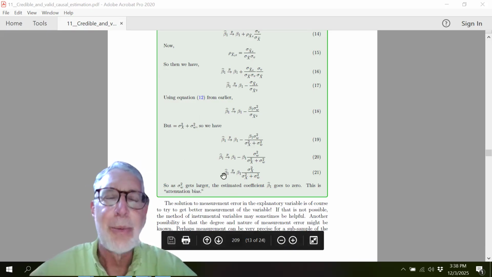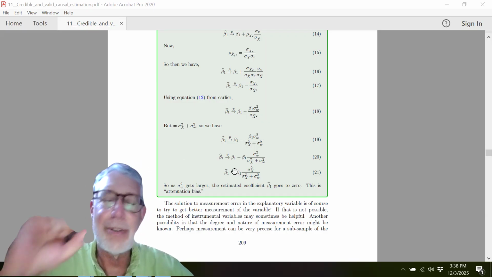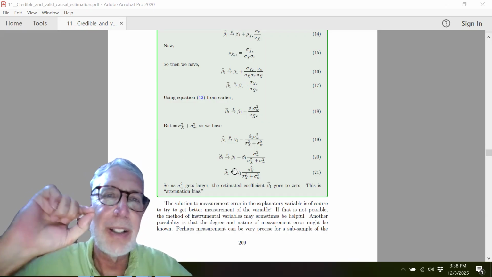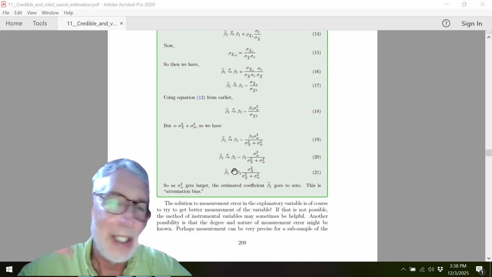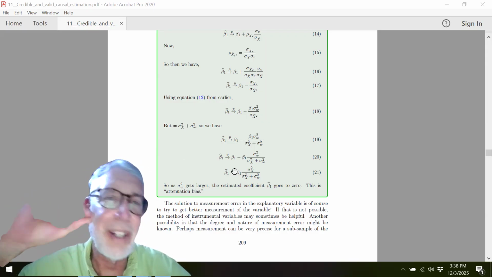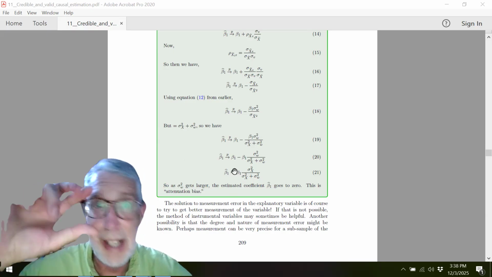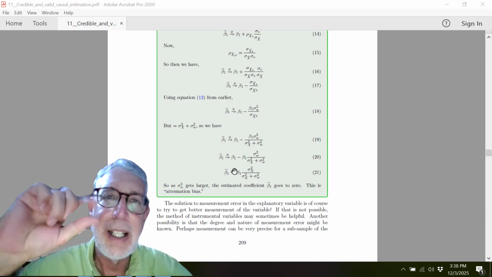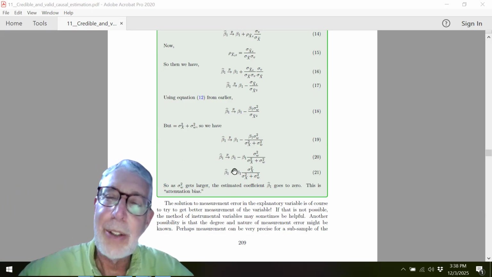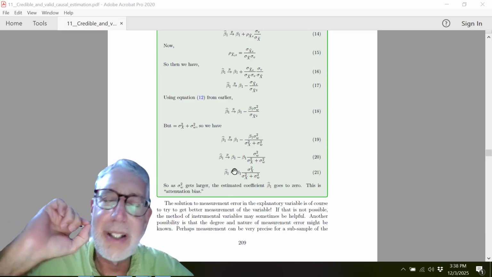But otherwise, we'll be content with our general presumption of measurement error, which is if in a single variable regression context, the X variable is measured with error, that would lead to what we call attenuation bias. Our beta coefficient will be biased towards zero.